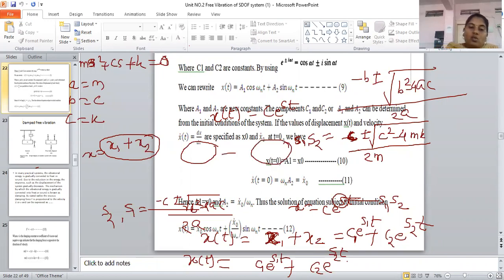The addition of these two gives the displacement value of x, and we have to solve the next step as per this displacement. Okay, please write down these steps so we can move forward. First I will erase all of this.